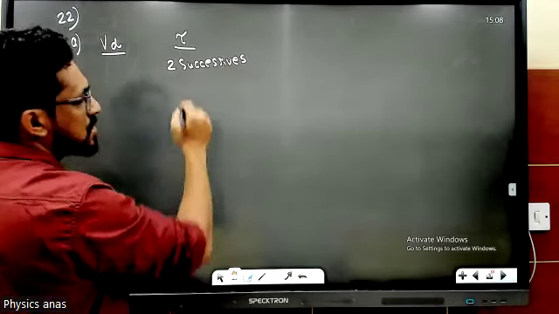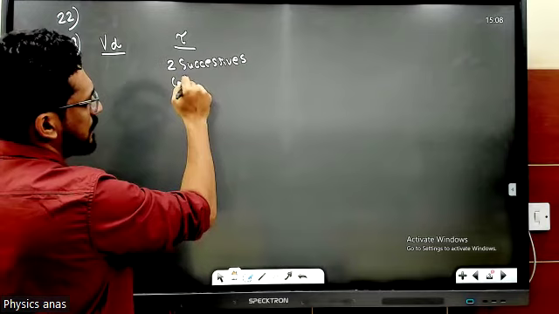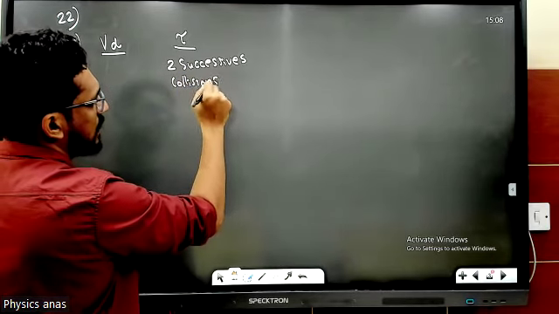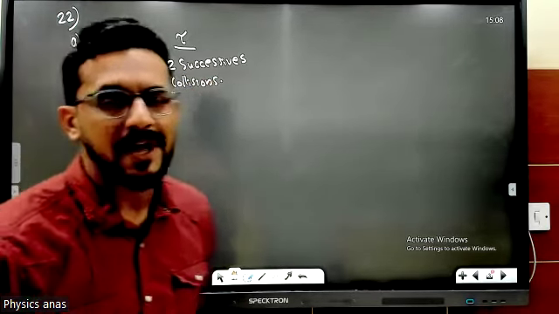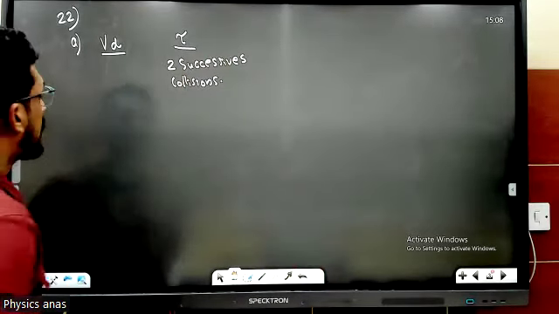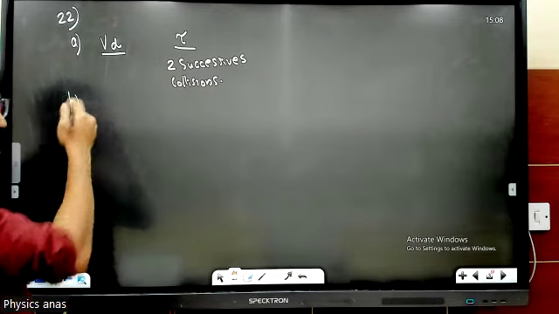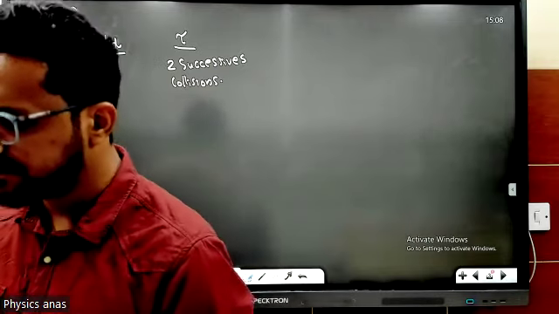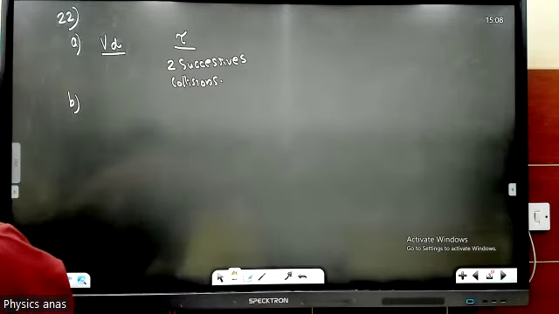It is represented with the symbol tau. That's our first question, and that's a clear theory question.